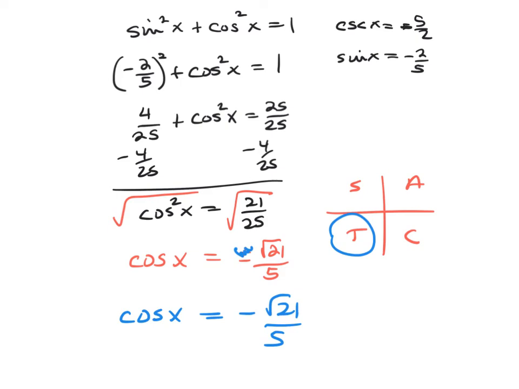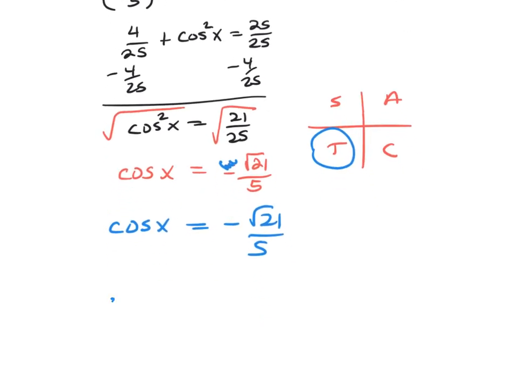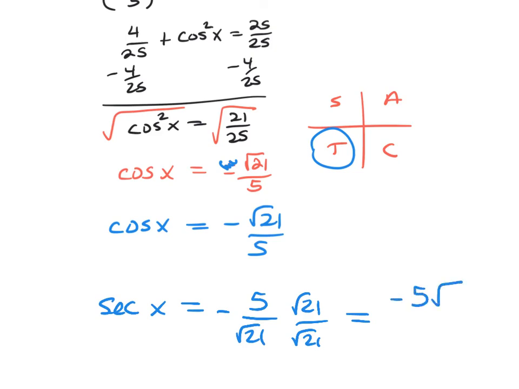I wanted secant, so I flip it to the reciprocal. So secant is equal to negative 5 over square root 21. I need to rationalize. So final answer for secant, which is what they were asking me, is negative 5 square root 21 over 21.